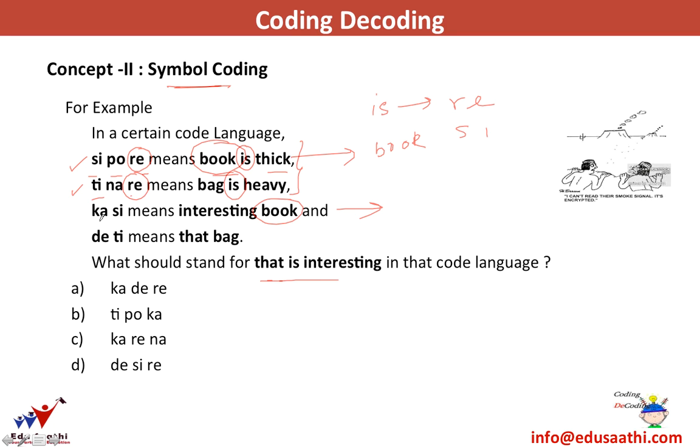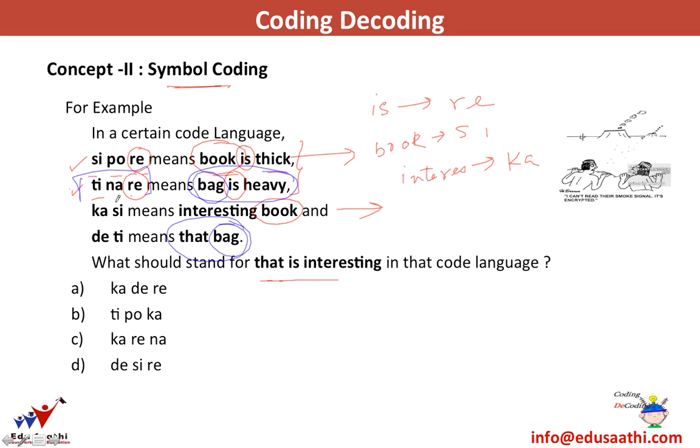So if C stands for book here, then interesting is coded as Ka, because C is taken up by the book. Now I'll just change the ink color. I have that bag, and here I have bag is heavy. So what is common in both of them? Bag. T is common in their codes.